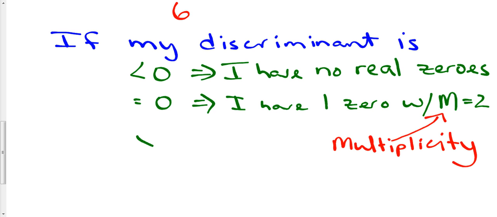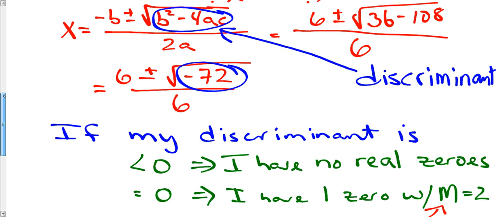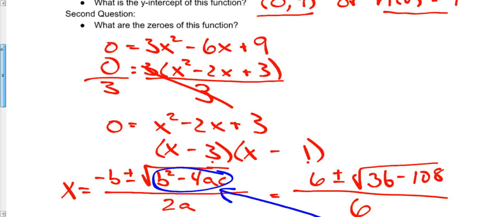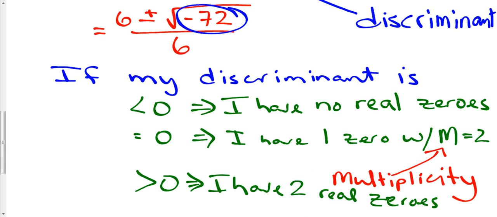How about if the discriminant is greater than 0? Then I have two real zeros. Okay? So that's what my discriminant tells me. This particular function has no real zeros. Okay? So now, I'm going to erase ink when you guys are ready.